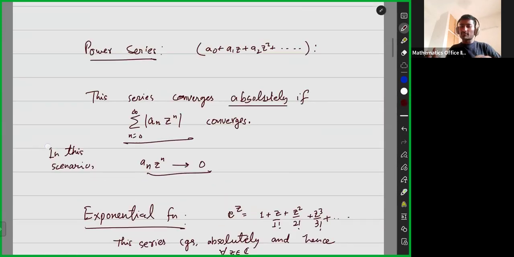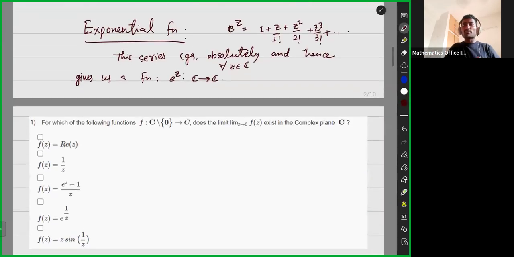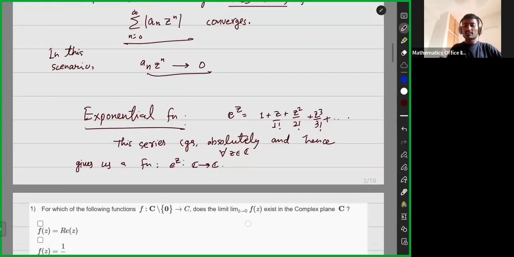I think we don't have enough space now. Some complex differentiability definition, we'll recall that in the question.